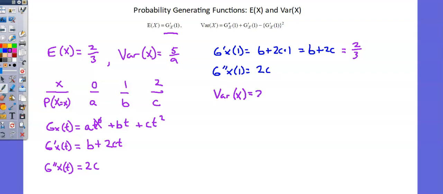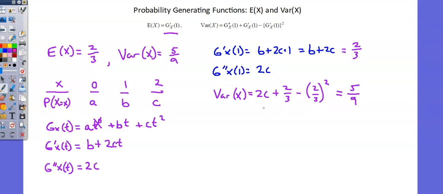Up above we have that as 2C, plus the first derivative with an input of 1, that we know is 2 over 3, minus the square of that same value, minus 2 over 3 squared. And we're given the variance. We know this equates to 5 over 9.